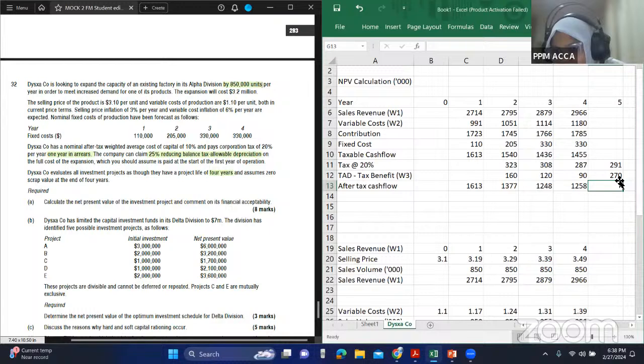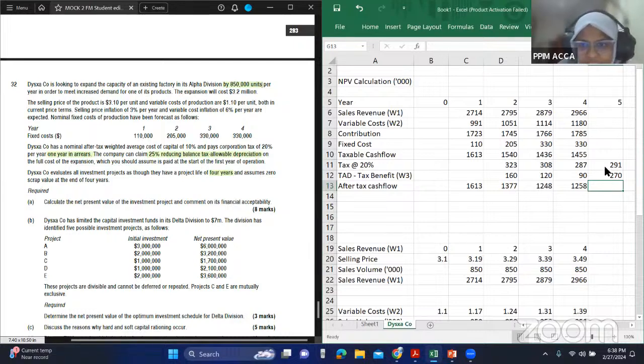This is a positive 270. So what happens is you will have a negative 21 here. 21 is fine. Now you can include the investment as well.